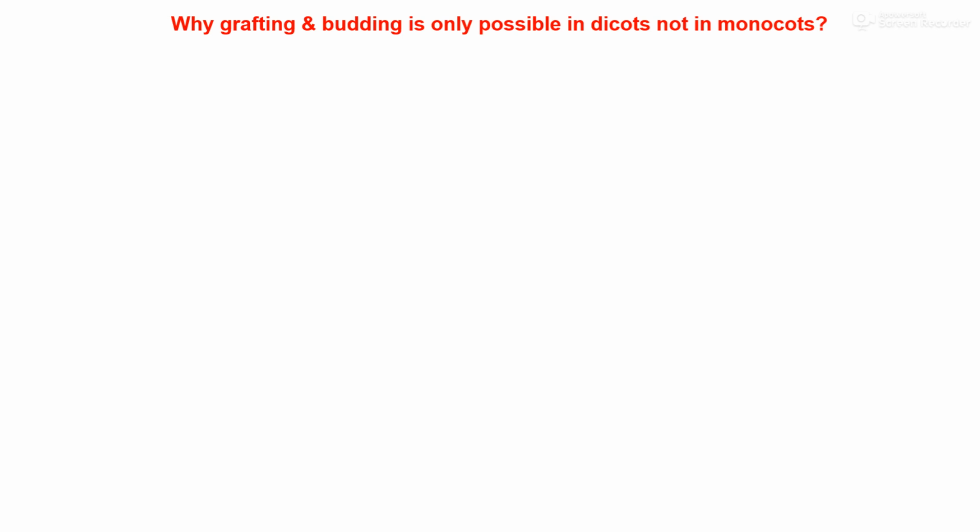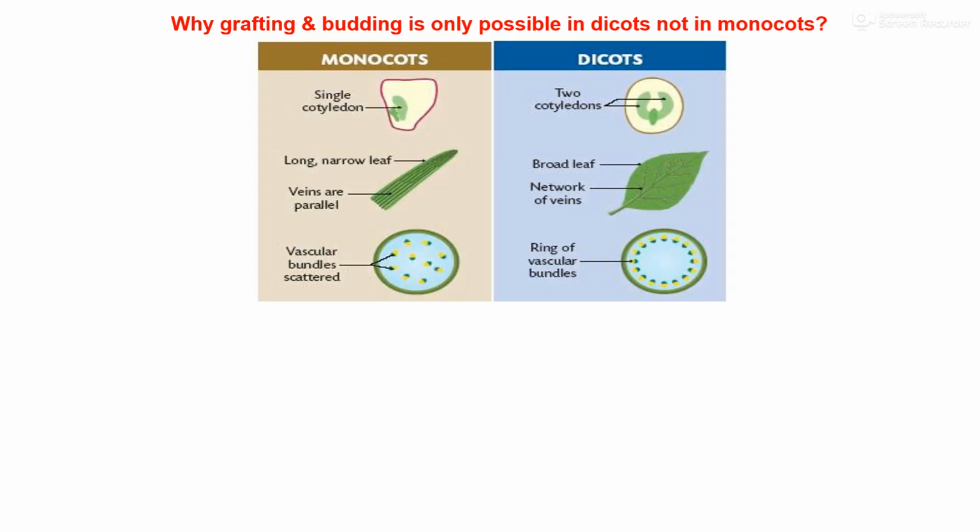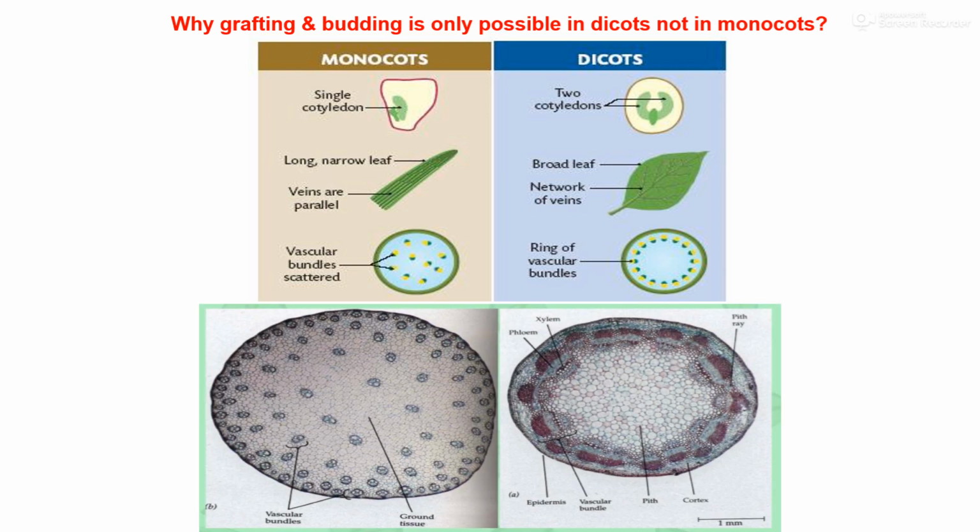But in the case of propagation on the root system of another plant, like grafting and budding, it is only possible in a dicot but not in a monocot, because the union between the scion and the rootstock takes place through the vascular bundle. In a monocot, the vascular bundles are scattered, so it is not possible to unite the vascular bundles of two different plants.